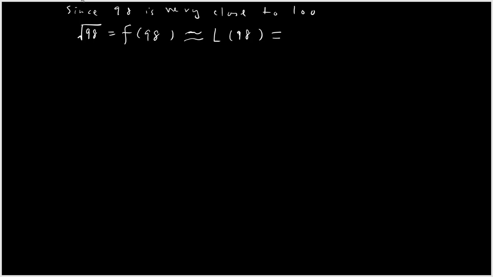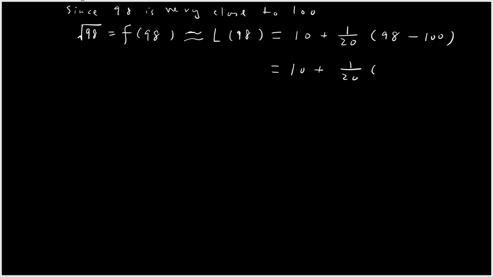I forgot the formula already. I think it's 10 plus 1 over 20 times x, which is 98, minus 100. You can check your notes. So that is 10 plus 1 over 20 times 98 minus 100.